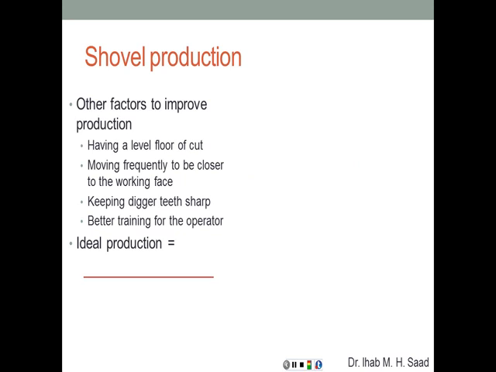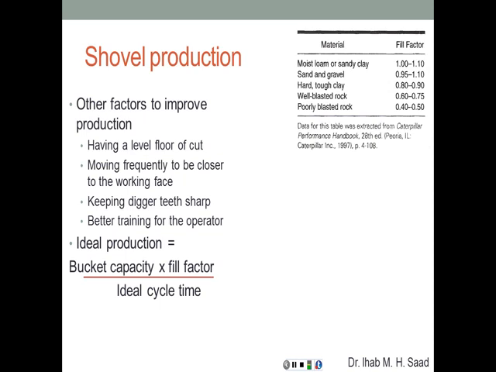So the ideal production is equal to the bucket capacity times the fill factor, which is a property of the soil that you're digging, divided by the ideal cycle time. And the ideal cycle time, as we mentioned, is obtained from a table. Here, for example, are different types of materials.